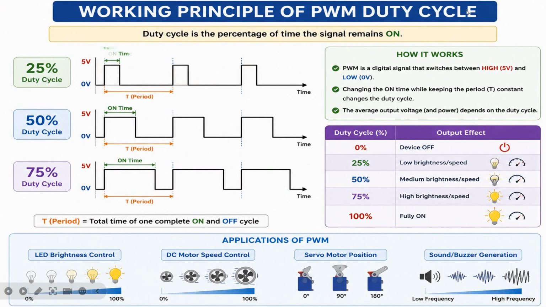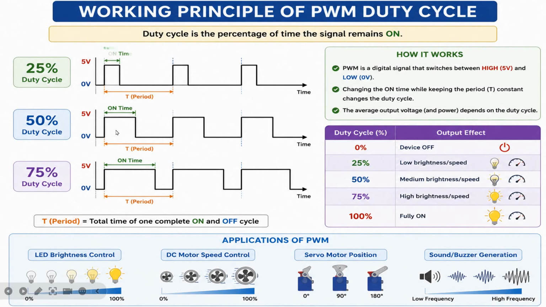So the working principle of the PWM duty cycle is like this. PWM is a digital signal that switches between high, that is 5 volt, and low, that is 0 volt. If you consider this as the period, that is T on plus T off, here this is a 25% duty cycle, that is for 25% of the period the signal remains high, then the remaining time it is low.